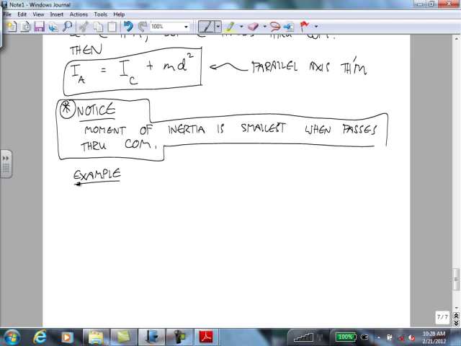So say each of these distances is 1 meter. And then this is 2 meters. Okay, and say right in the center side to side, there's a removed circle here. And say this distance is 2 meters.